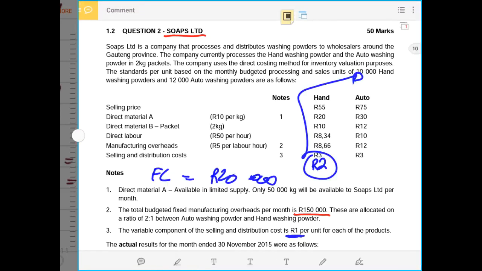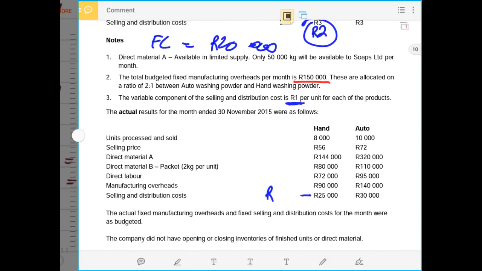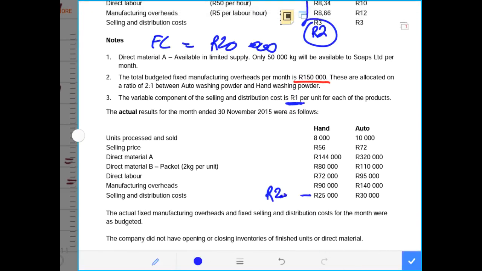And they said this remained the same, so here minus 20,000. Remember 20,000 is the fixed cost. So now 25,000 minus 20,000 will give us 5,000, which is variable selling and distribution.